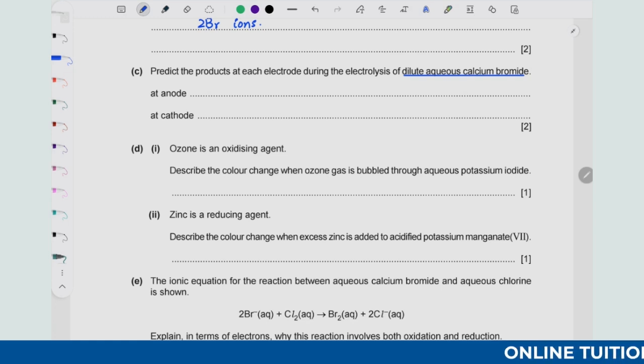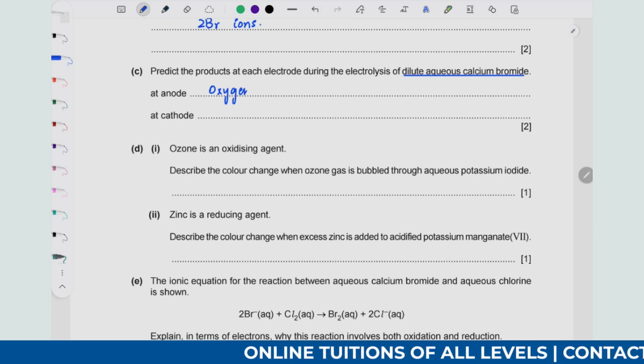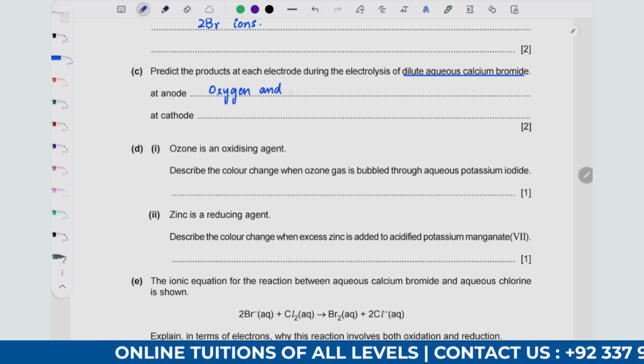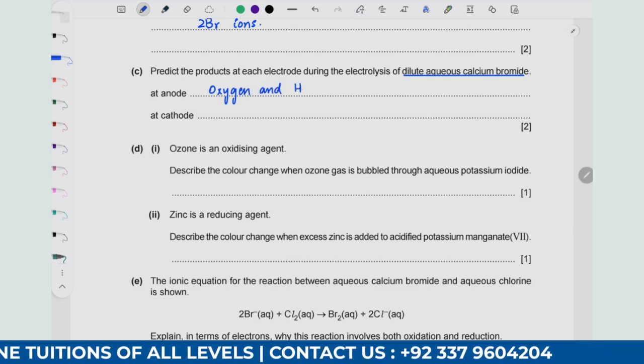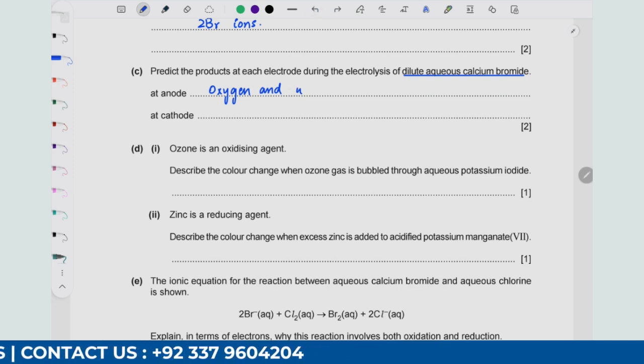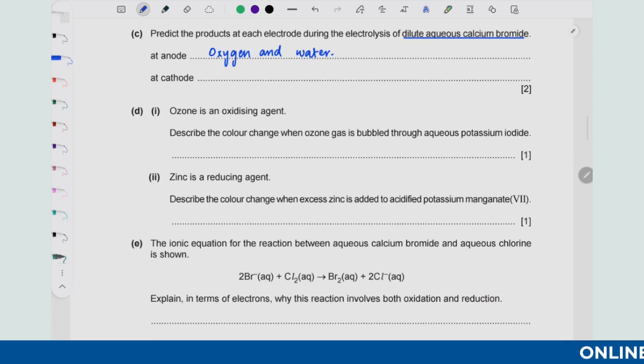So obviously at the anode, oxygen and water will be produced, H2O, or we can say water. And at our cathode, hydrogen ion will go and will produce hydrogen gas.